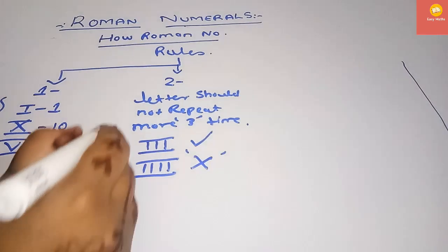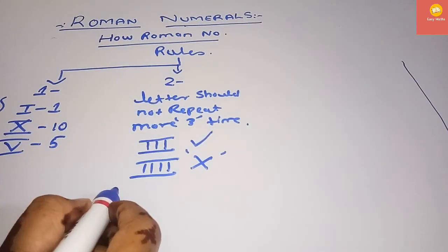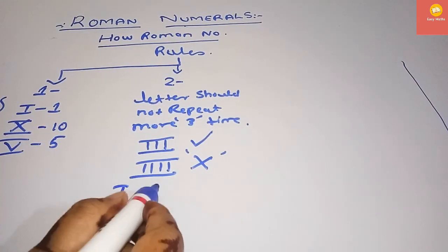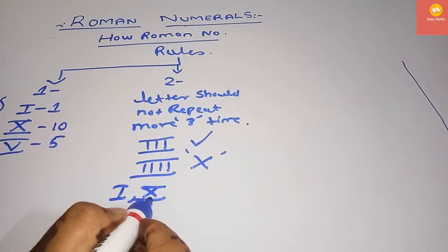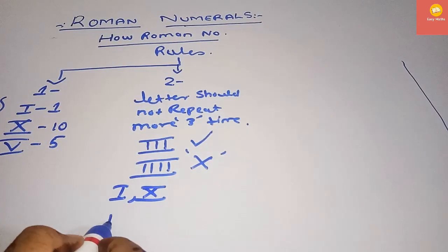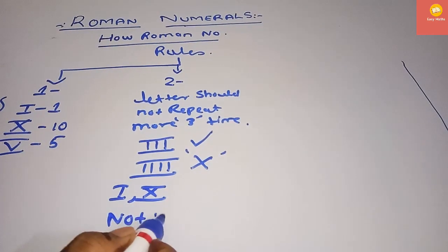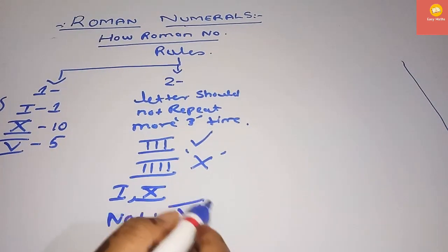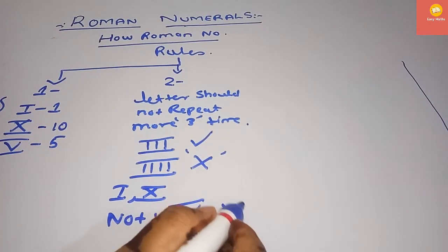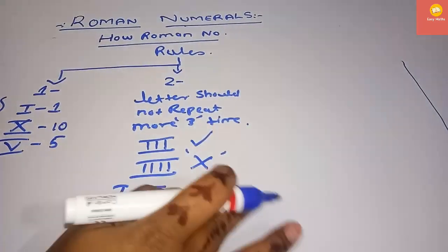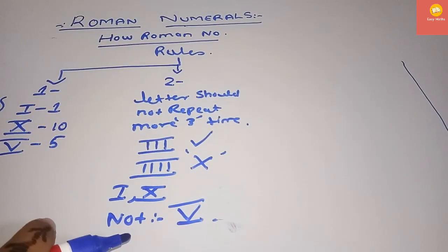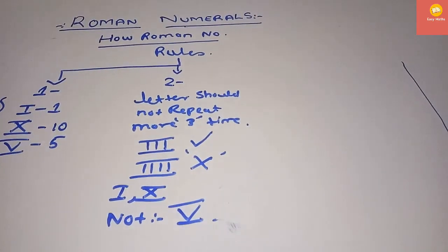This rule is only applicable for 1 and 10. 1 is capital I, 10 is capital X. This rule is not applicable for 5, which means we cannot write 5 two times. 5 is only written 1 time.